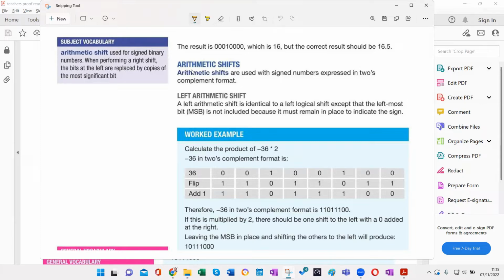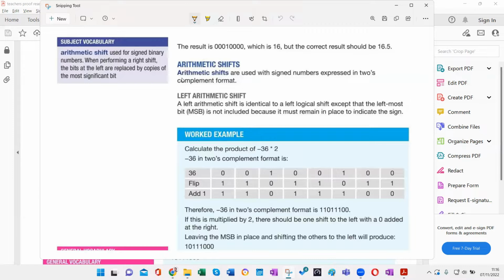What are unsigned numbers? These are the numbers where we don't reserve the most significant bit for the sign. If you are talking about bits or binary, we don't have the last bit, right to the left side, which is the most significant bit, reserved for plus or minus.